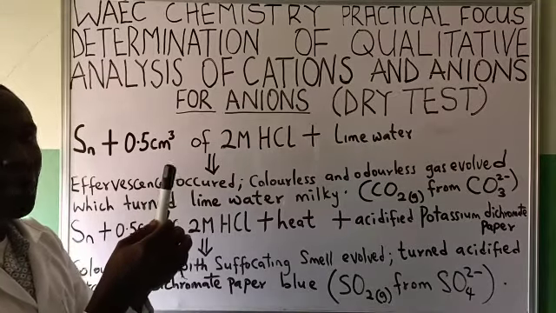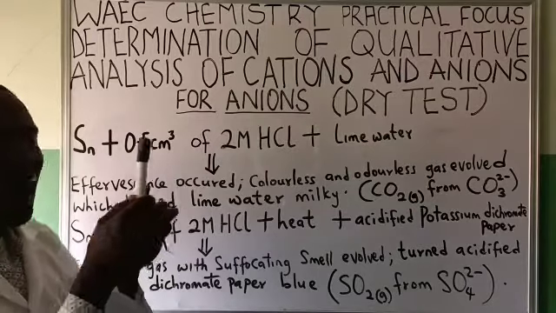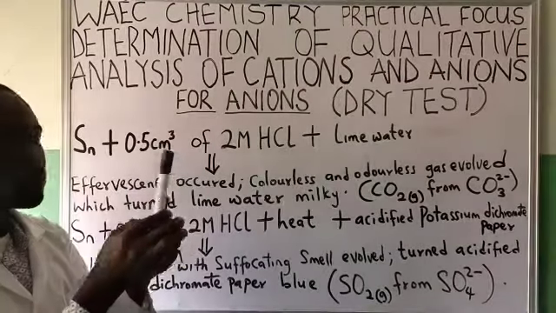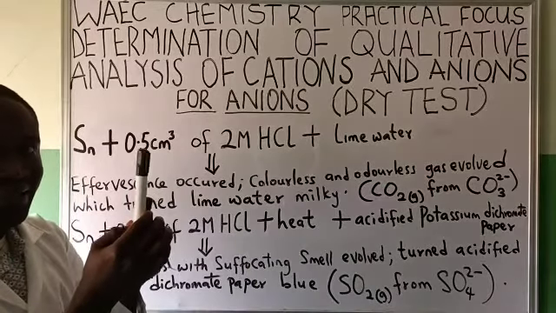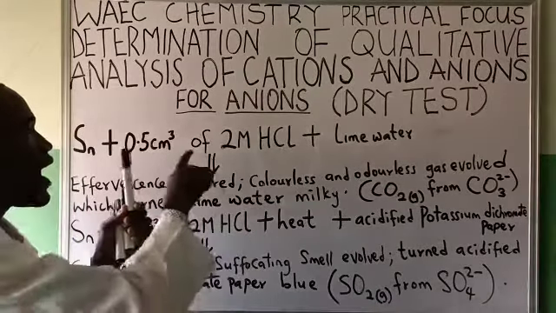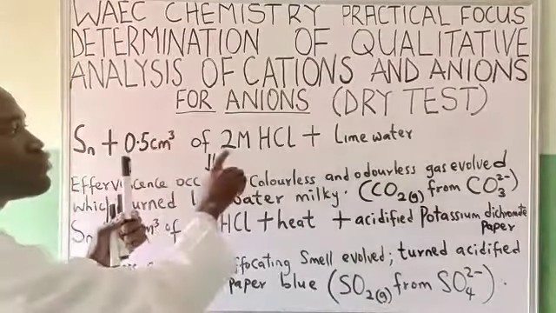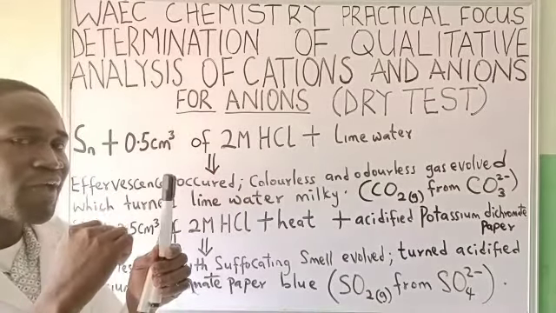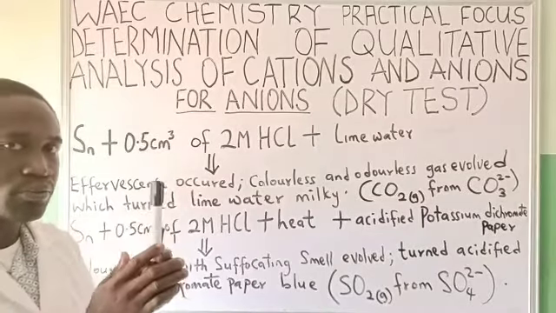You are to be observant of what will happen to the sample. As you carry that small dry salt sample and you are adding few drops of 2 molar HCl, check if effervescence will occur.